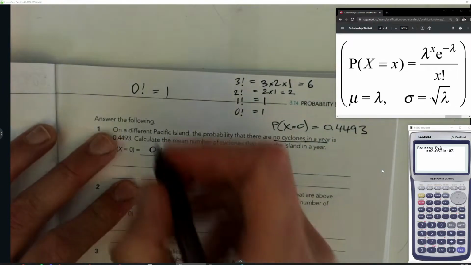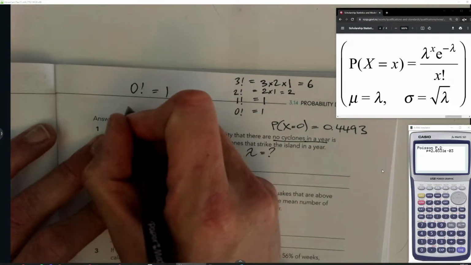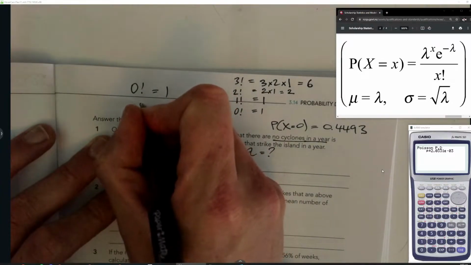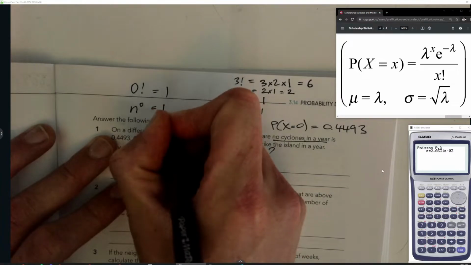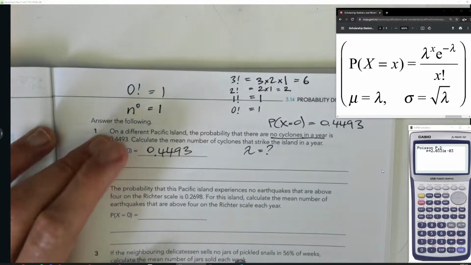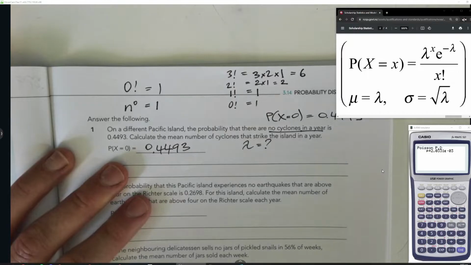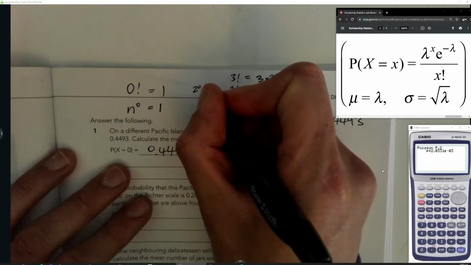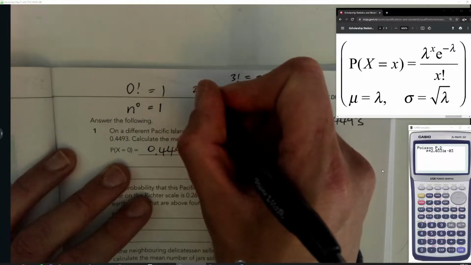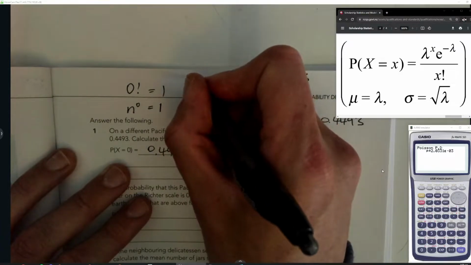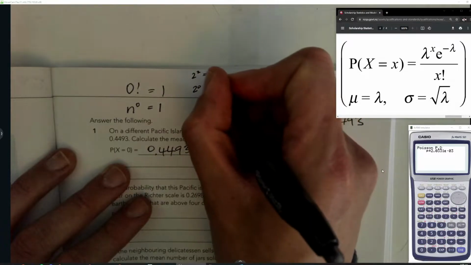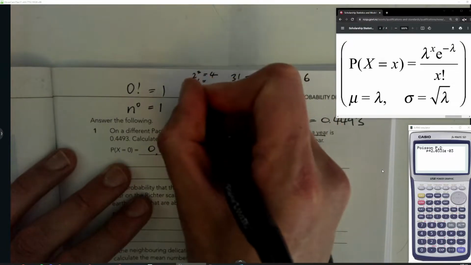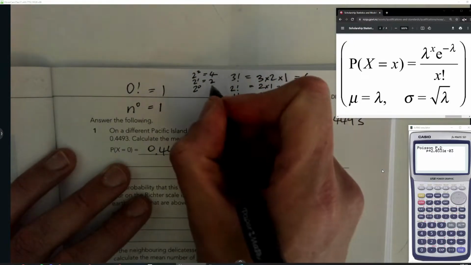The other thing you need to know is that anything, like the letter n, to the power of 0 is also equal to 1. That one's a little easier to prove. Let's do this. 2 to the power of 2 equals 4, because 2 times 2 is 4. 2 to the power of 1 equals 2, because it's just 2.